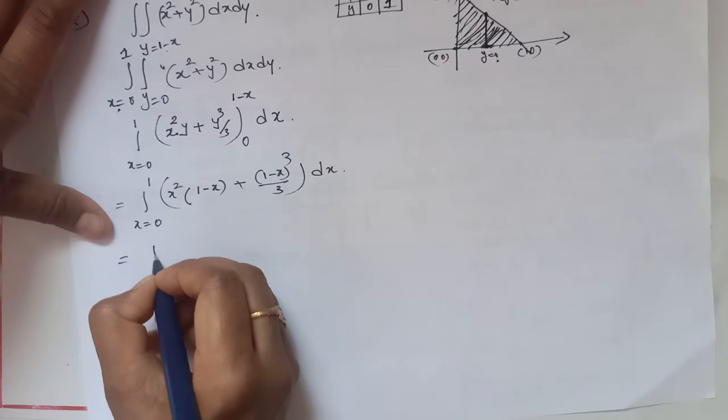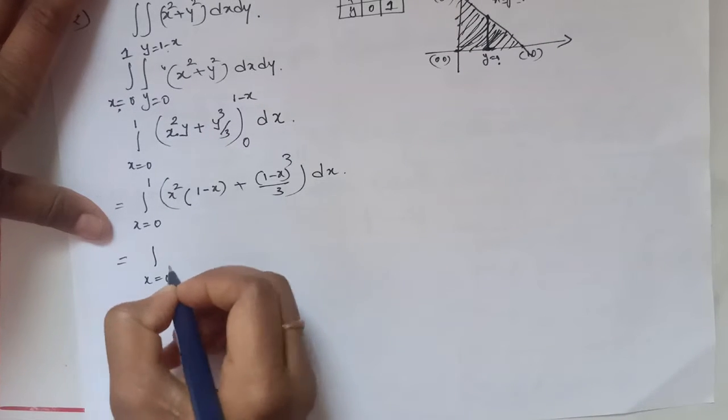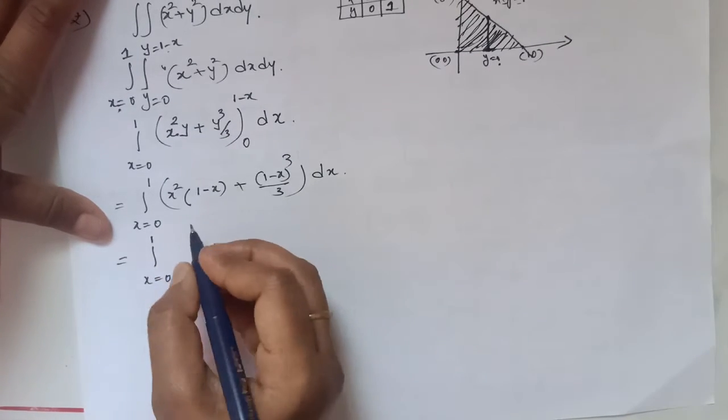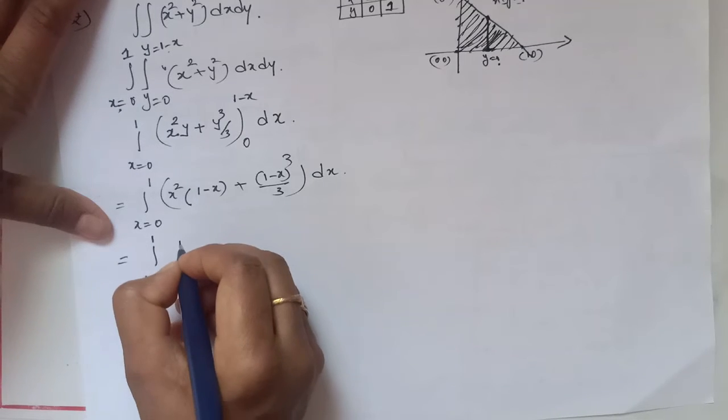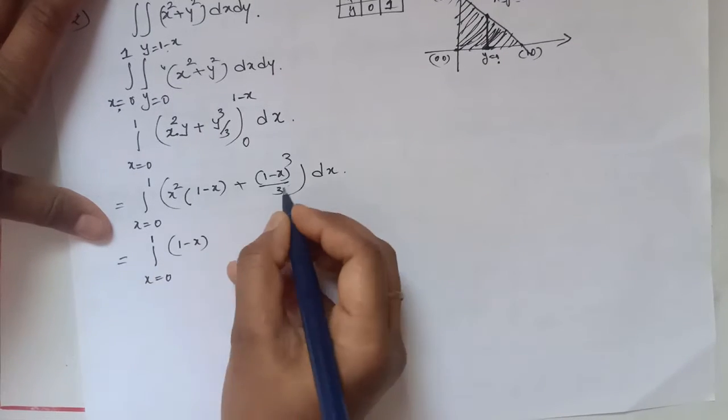This is equal to the integral from x equal to 0 to 1. You can take 1 minus x common from these two terms.